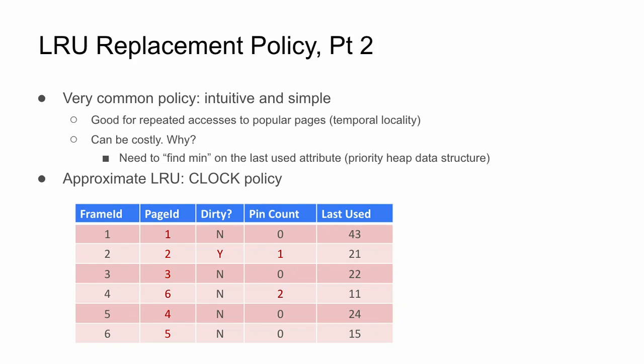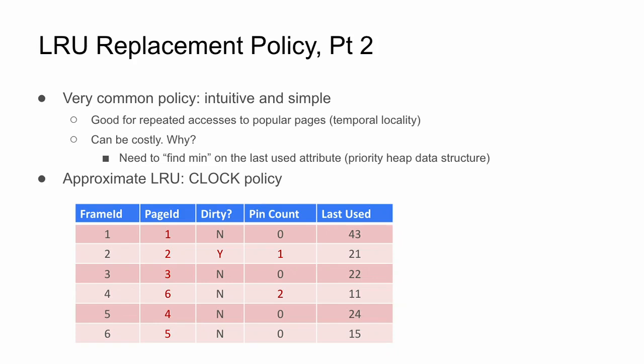Okay, so you can say, well, we could optimize it. Who says you need to scan through the table? Let's have like a mini heap. I mean, we could have like a priority heap of sorts. That's 61B went over that. Does that word sound familiar to anyone, priority heap? Great, so we can use that. But that's still log n time. And log n is good, but not good enough.